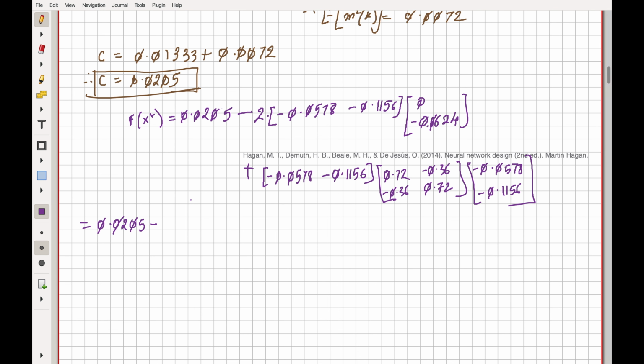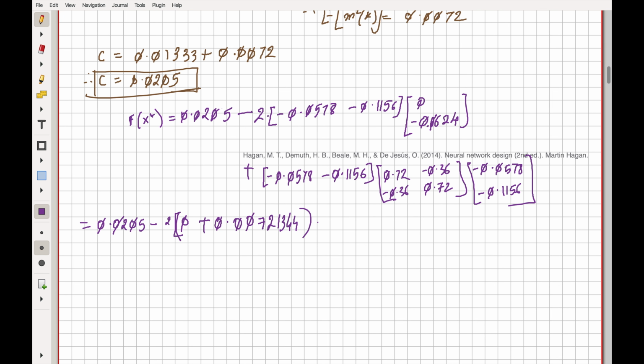All right, and so we start solving this. This is going to be minus, so the first term will be 0, then 0 plus, this is minus 0.1156 times minus 0.0624, that gets us plus 0.0072134.